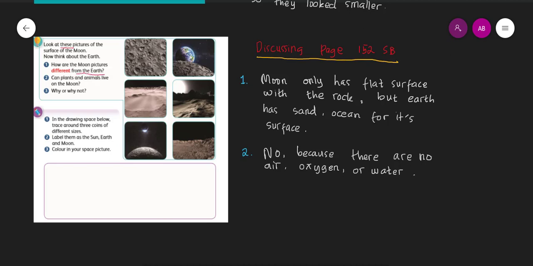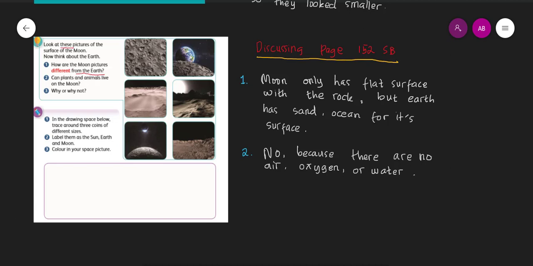Of course, the answer is the moon only has a flat surface with rock, but Earth has sand and ocean for its surface. Can plants and animals live on the moon? Of course not, because there is no air, oxygen, or water. Without oxygen, air, water, and the sun, there are no living things.